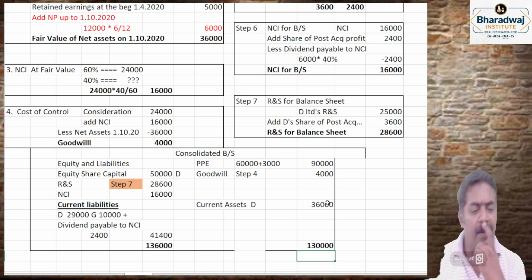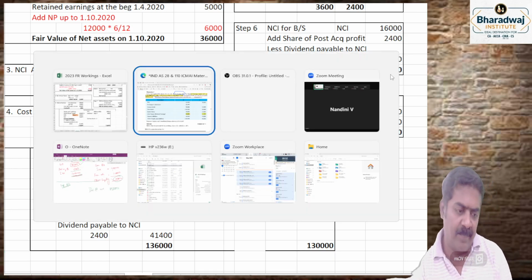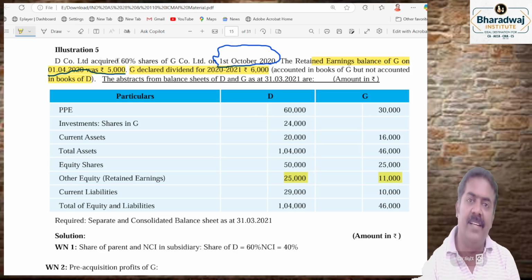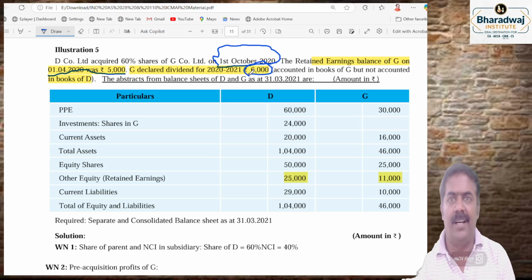Think entirely. Wait. Who declared dividend? G declared dividend, how much? 6,000. The dividend is declared, adjusted in G Limited.